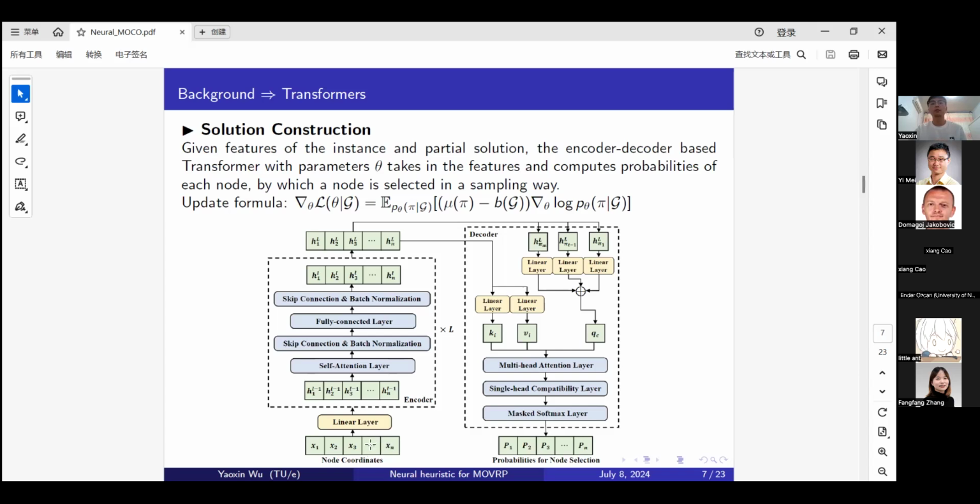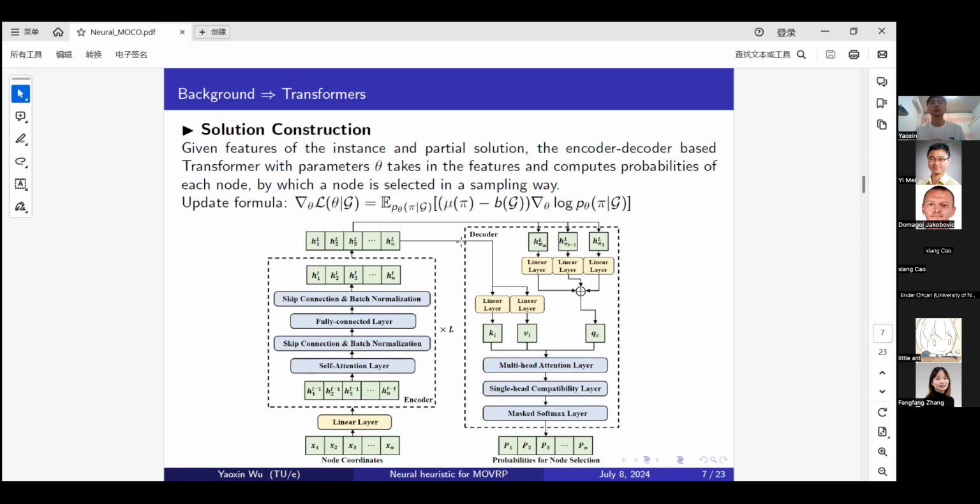We input this information into the encoder, and then we use some self-attention layers, skip connections and normalization layers to advance this node information to get the node embeddings or node vectors, which represent the high level information of these nodes.